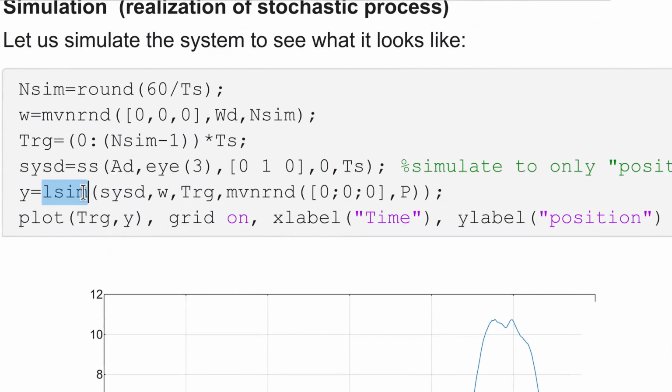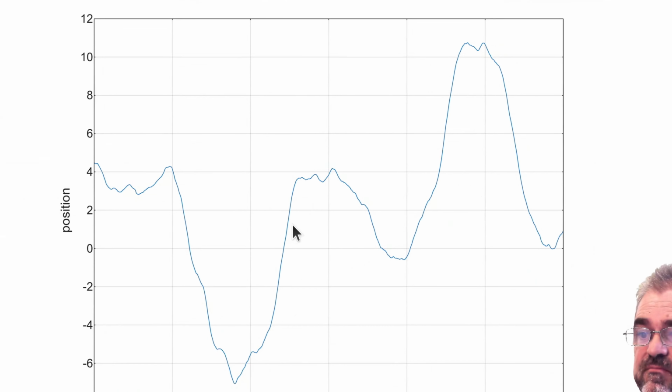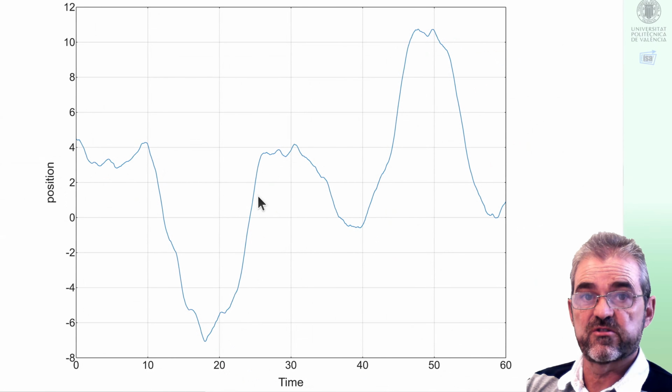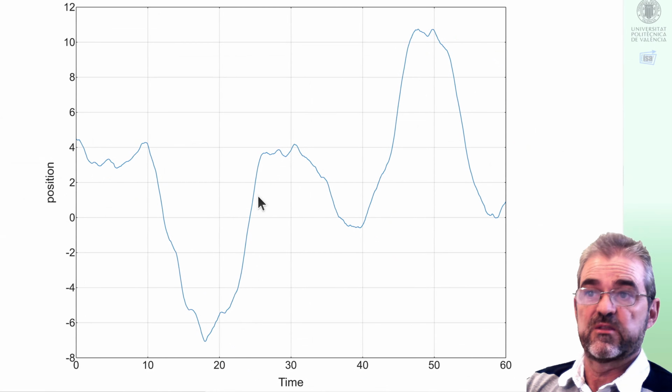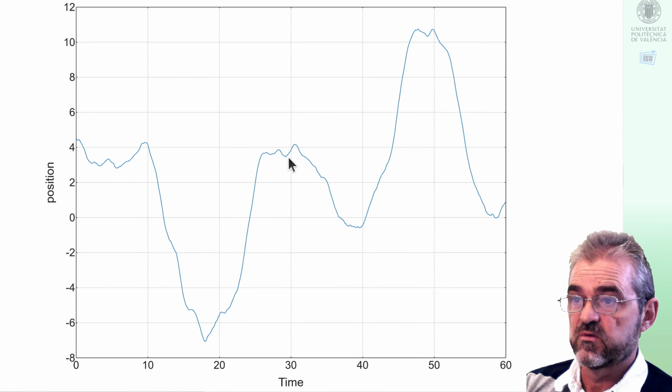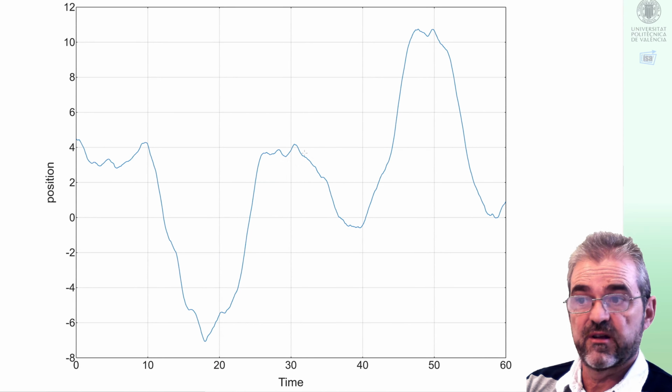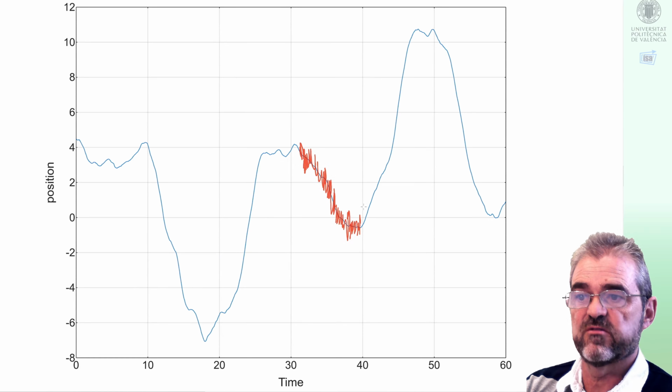So LSIM will simulate that to this noise, and we will plot the output. So these are the simulations of the position that we will try to measure with my electronics, assuming that the analog side will be corrupted by a high bandwidth white measurement noise I need to filter.